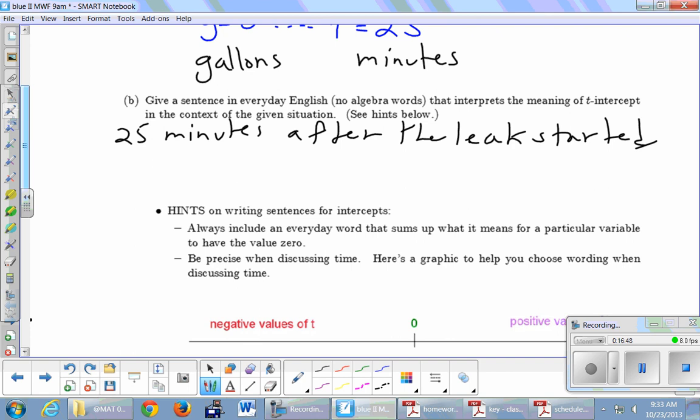What happens at that moment? The tank became empty. So I'll just say the tank is empty. Since, yeah, since is fine. 25 minutes since. Yeah, that's right. So there's a rate of change happening here you can describe.